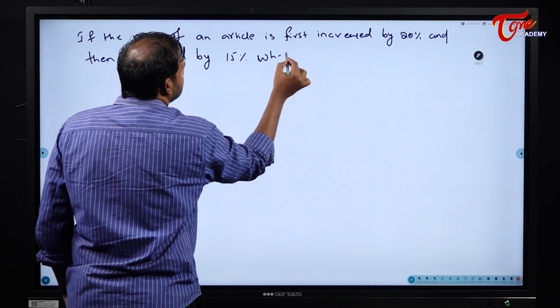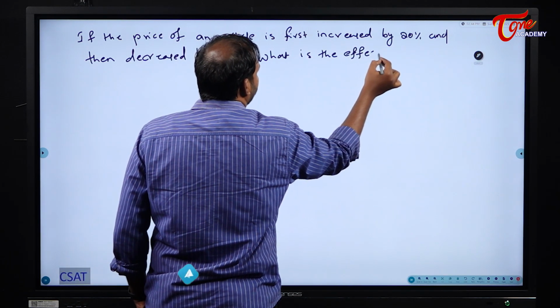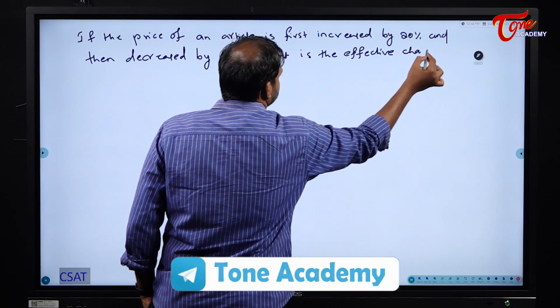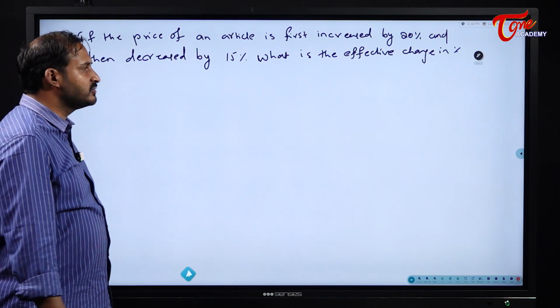What is the effective change in percentage? If this is the question, then how are we going to solve this question?